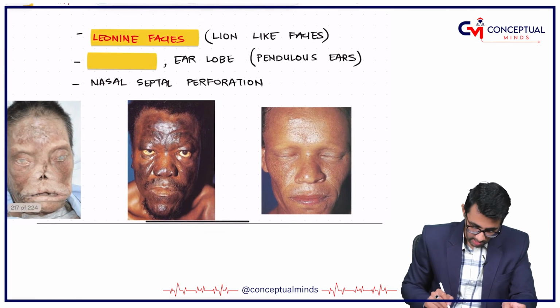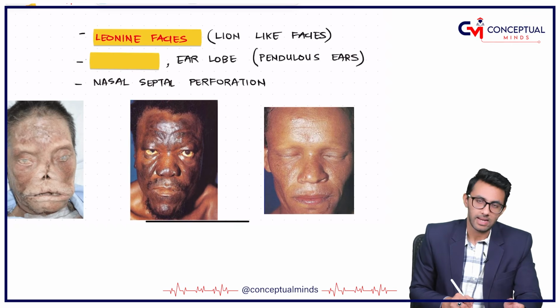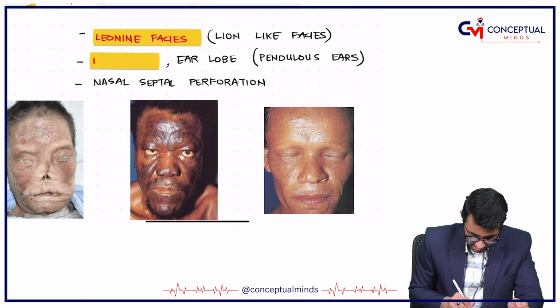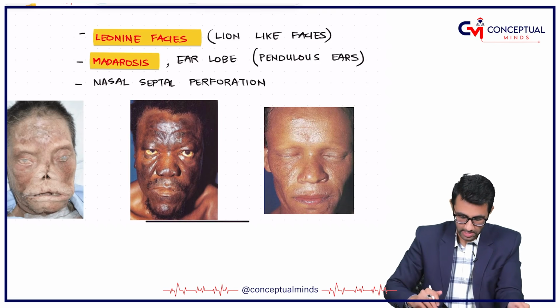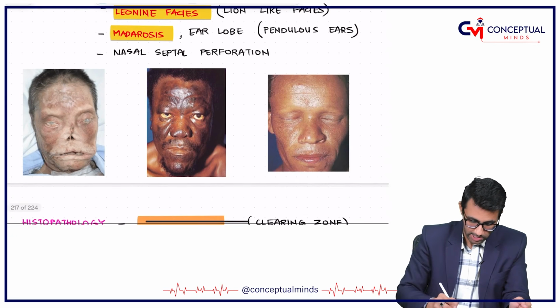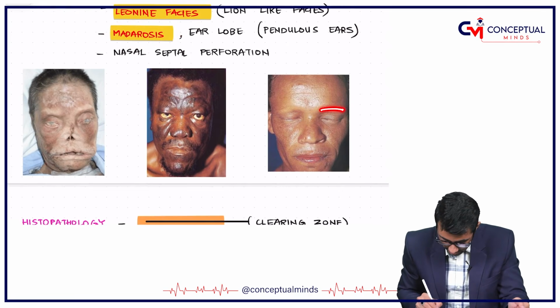How about the next one? Over here there is something called madarosis. So you should know this vocabulary. It is nothing fancy, just the name is fancy. What it means is there is loss of eyebrows and eyelashes.